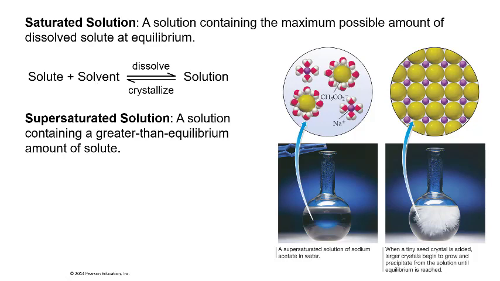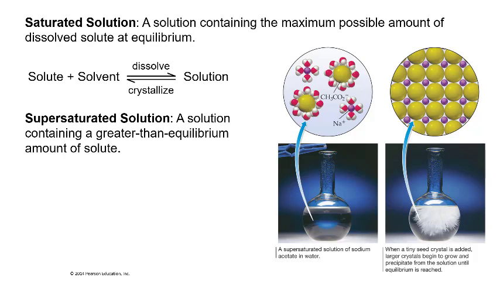There's such a thing called a supersaturated solution, which is a solution containing a greater than equilibrium amount of the solute. This typically happens by changing the temperature of your solution.